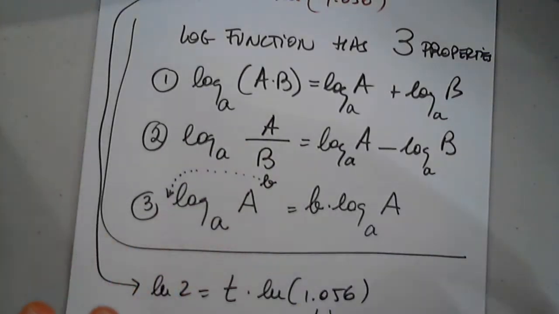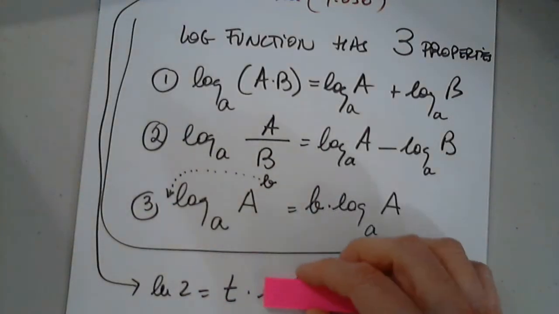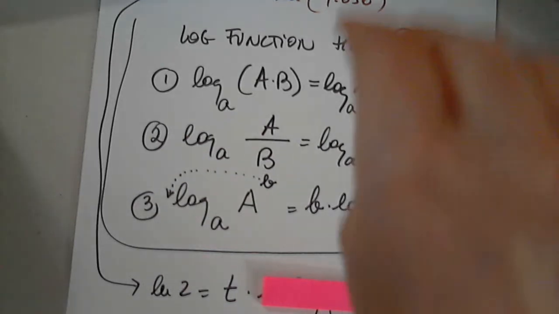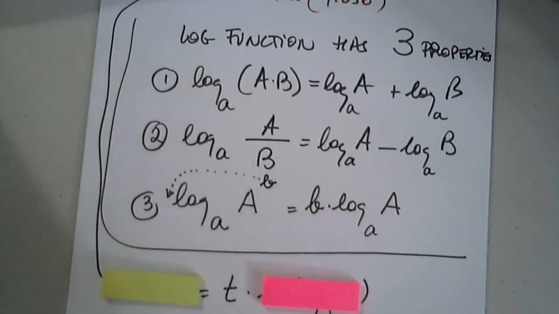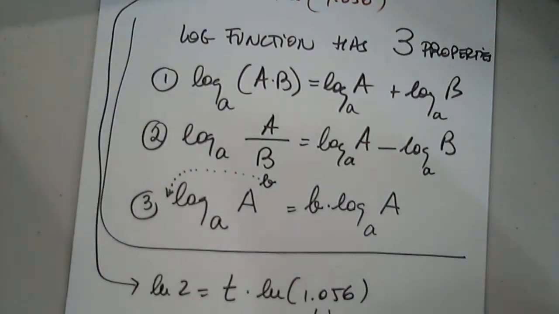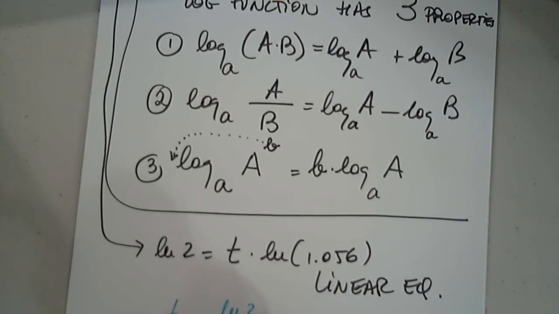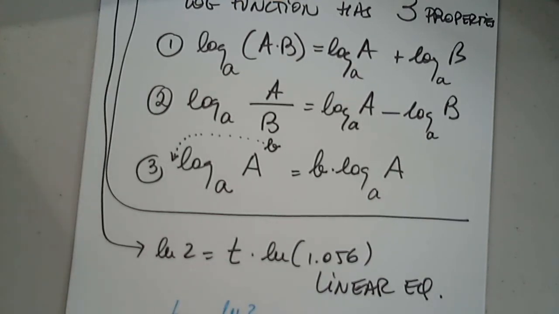This is a number, a fancy number, but just a number. And these are just 2 numbers. How do I get t? Well, obviously I divide this by this. They look fancy, but they're just simple numbers. So then t equals natural log 2 over natural log 1.056.